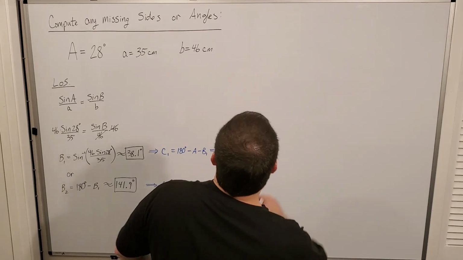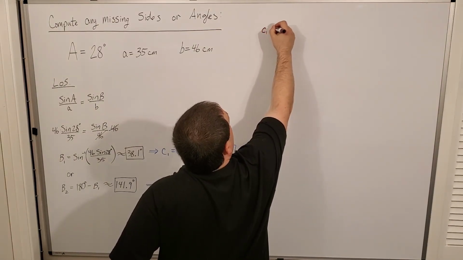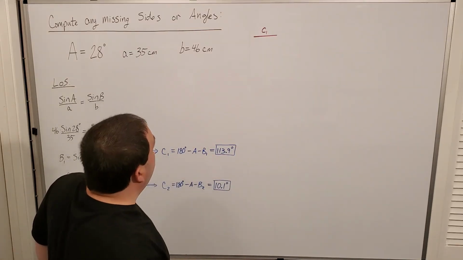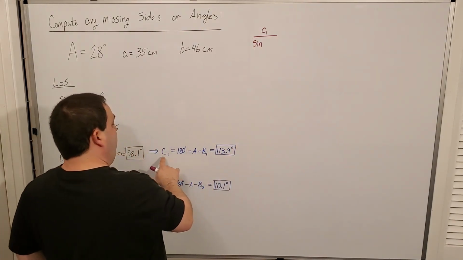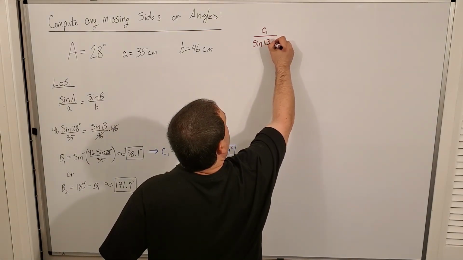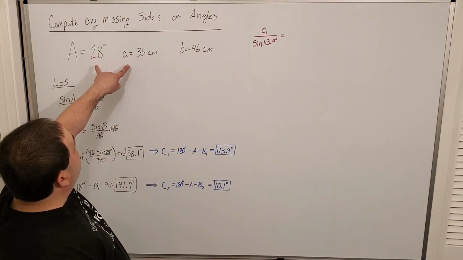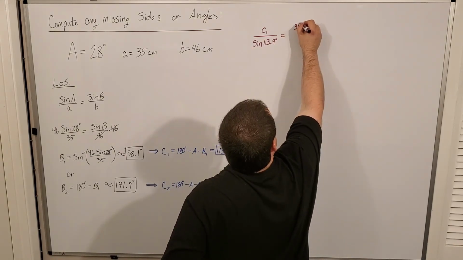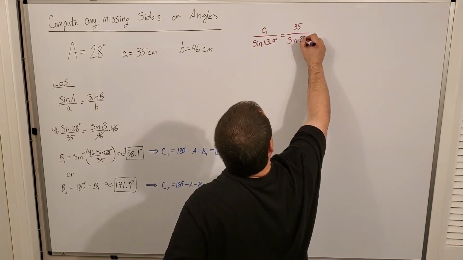So then I'm going to do little c1, right? That means I'm going to divide it by the sine of big C1, 113.9. To avoid as much error as possible, I'm going to use the original pair over here. So that's going to be little a over sine of big A, 28 degrees, like this.